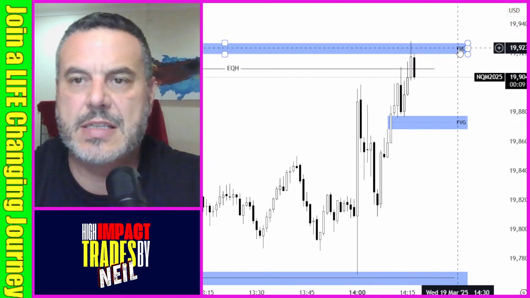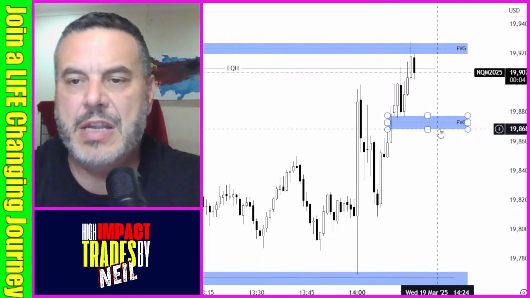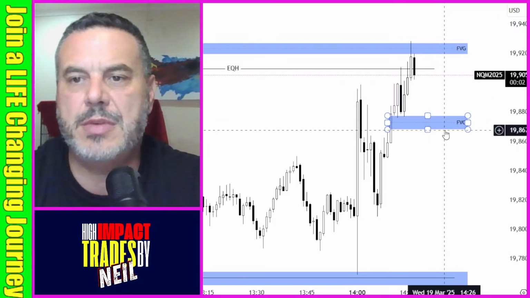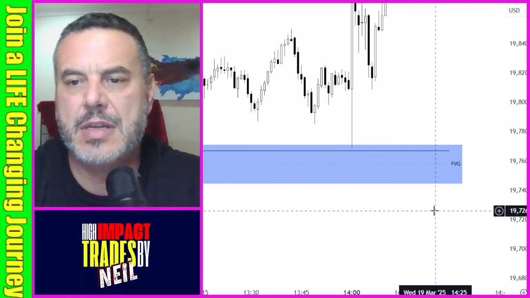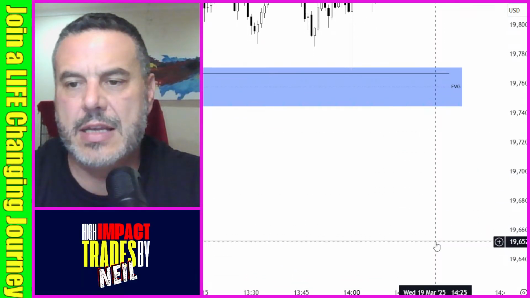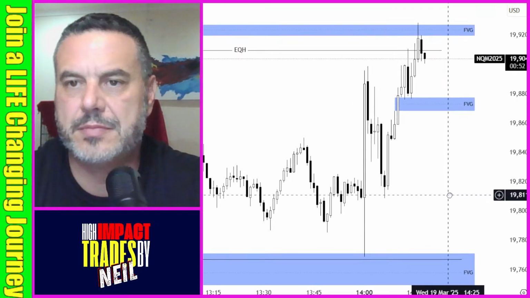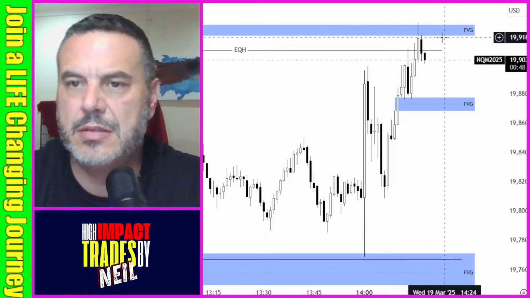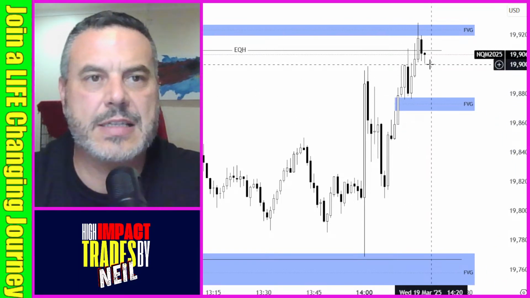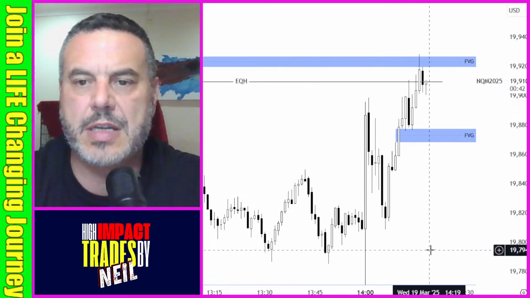But if this is the line in the sand, this fair value gap, then if we invert this, it would make sense for me to take a short and take it down to this fair value gap, and even lower than that. There we got some equal lows if you look to the left. But for now, we're not doing anything till this gives us a real good reason to take a short.